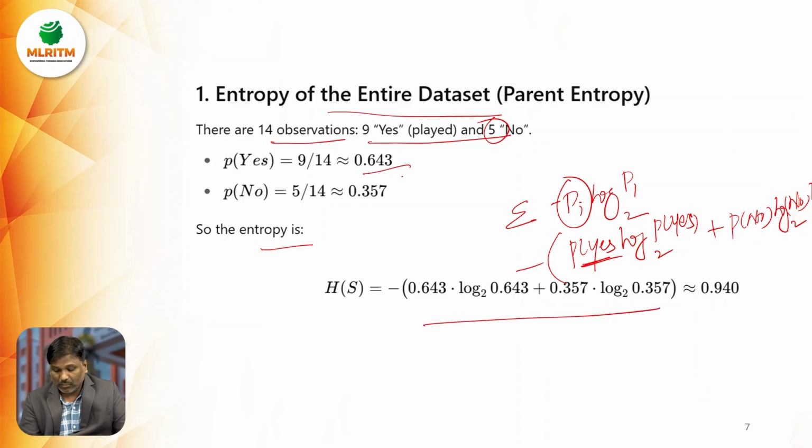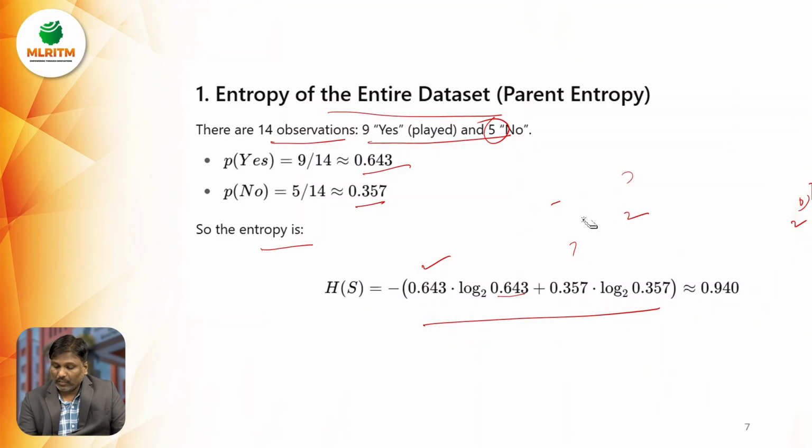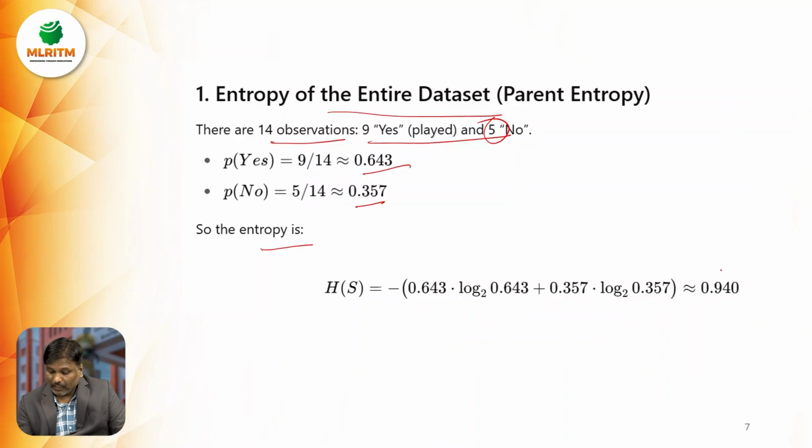We have 0.643, log of 0.643 base 2, and again P of no value 0.357 and log of that. So after simplification, we got the value as 0.94. So this is my final entropy for my entire data set. So with 14 training examples, the entropy is this one.